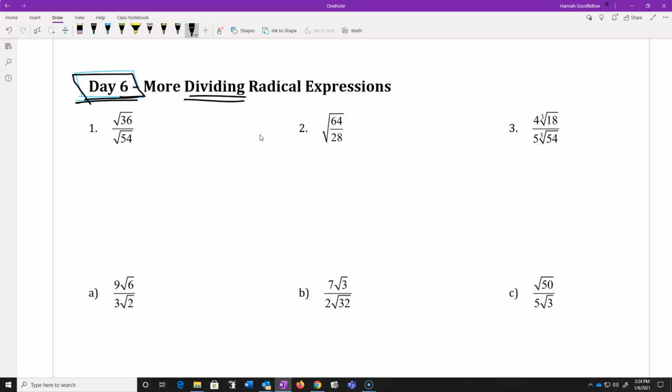So a couple of things we're going to make sure that you definitely take care of. We don't want any radical in the denominator. Okay, that is not allowed. We've got to make sure it's all gone. Number 2, make sure that your radicals on the inside are simplified as much as they possibly can be.